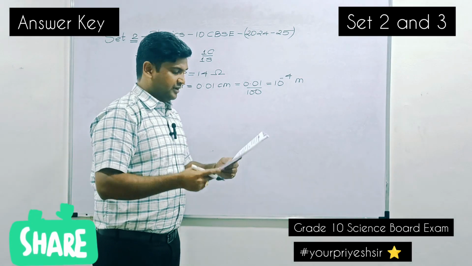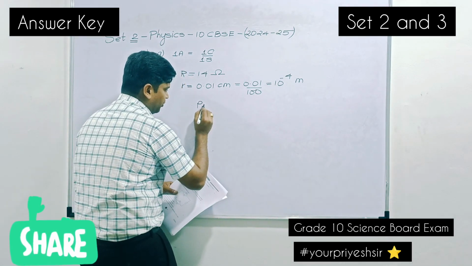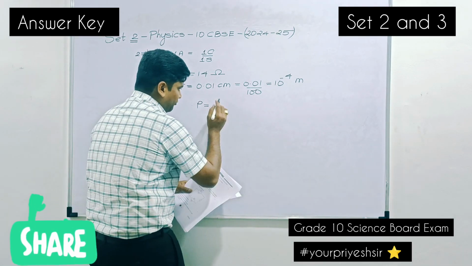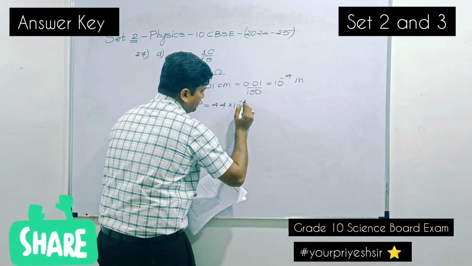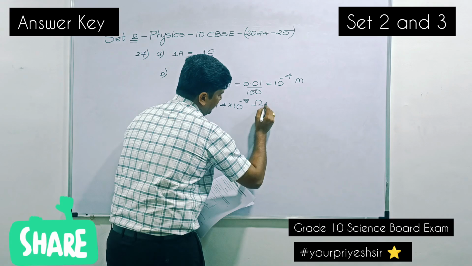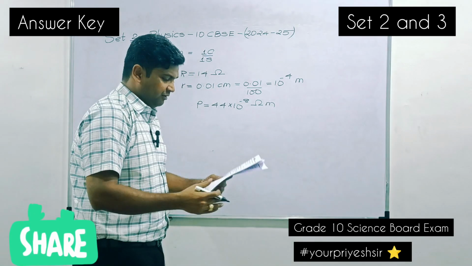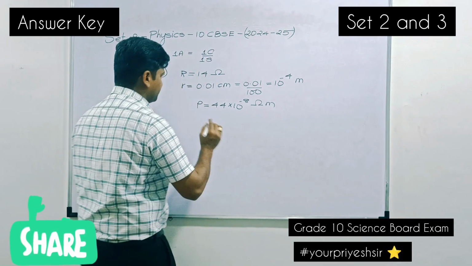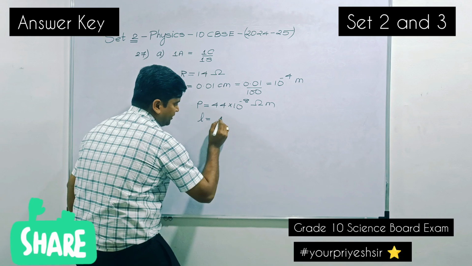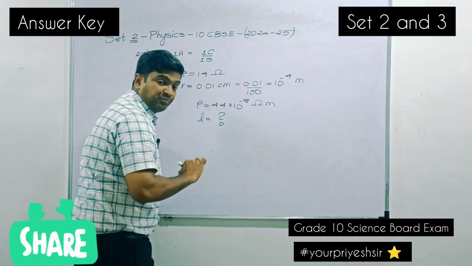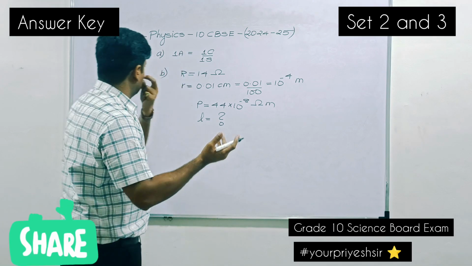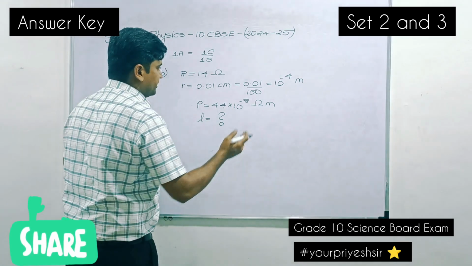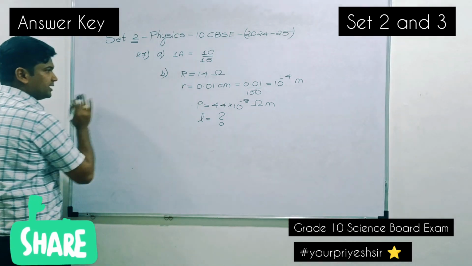Now resistivity is also given, rho, that is 44 into 10 to the power of minus 8 as always, ohm meter. Find the length of the wire. So we need to find length of the wire as a question mark and specifically given pi 22 by 7. Okay, मैं यहां से स्टार्ट करते हैं. ठीक है.